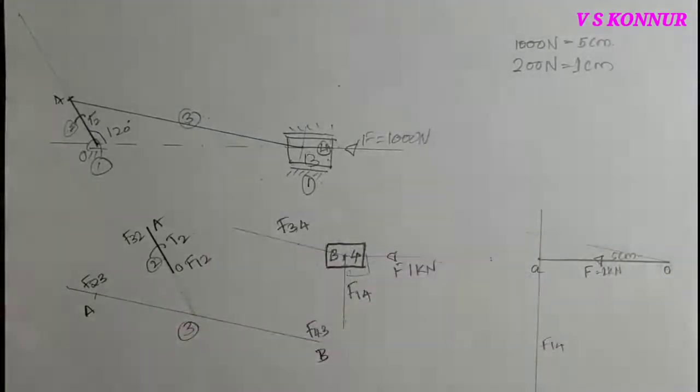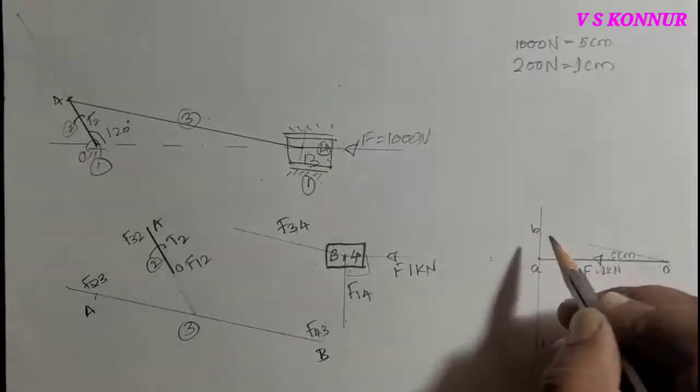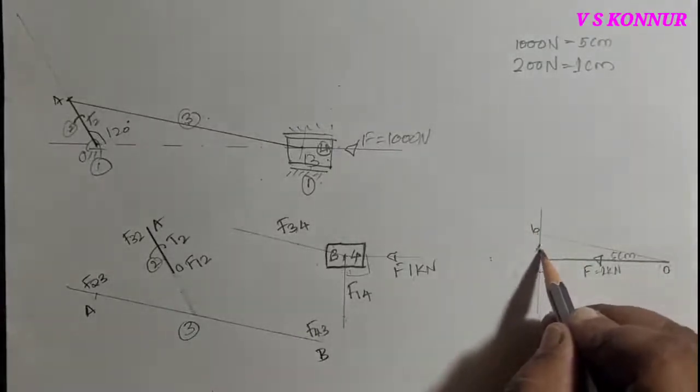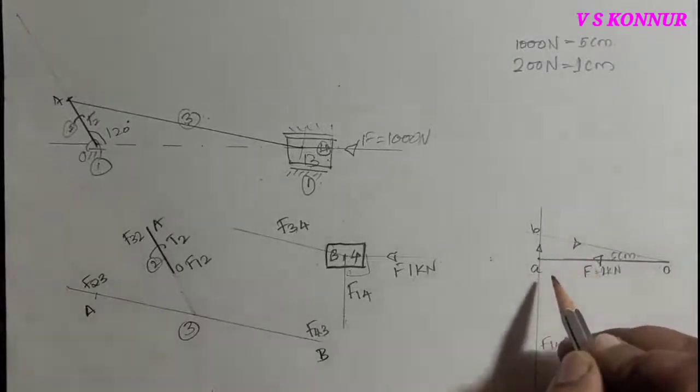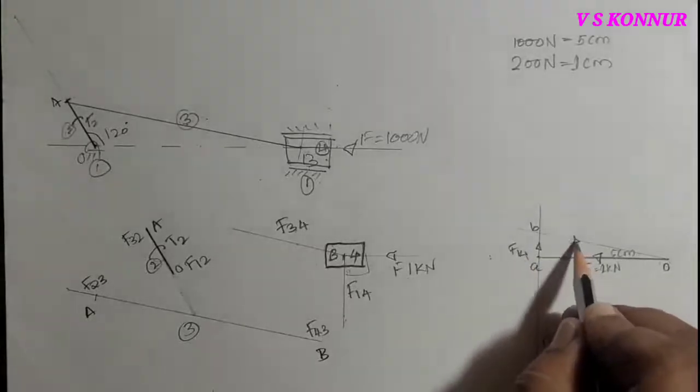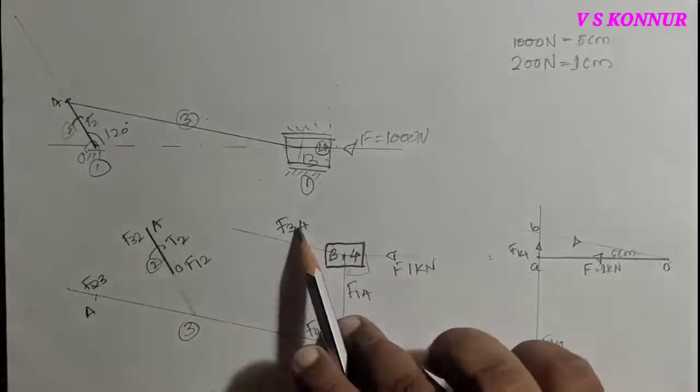So it will intersect at one point. This point is called B. And one direction known means the other direction will be in cyclic order. Now this force is called F14, this force is called F34.